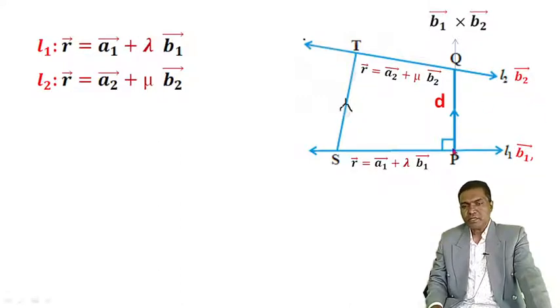Now we have drawn PQ perpendicular to both L1 and L2. So if we draw a vector along this direction, it is perpendicular to both L1 and L2, and this vector is your b1 cross b2. Because b1 is the direction of this line and b2 is the direction of this line, this is perpendicular to both b1 and b2, meaning it is b1 cross b2.